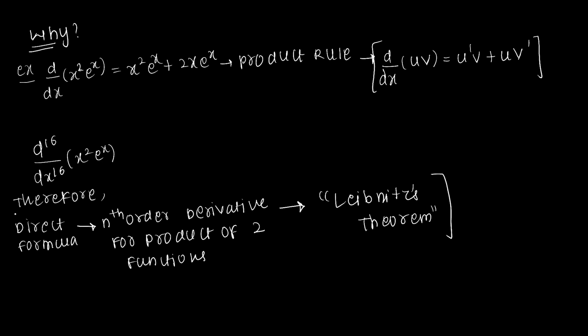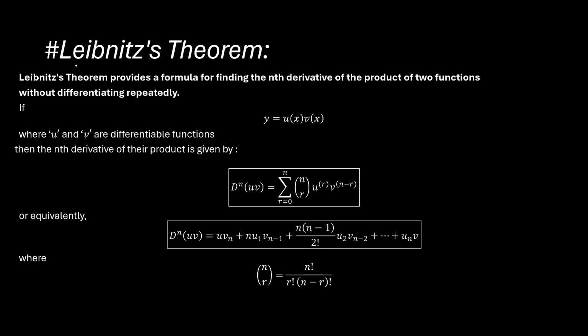So this is the entire need for using Leibniz theorem, and therefore we cannot use product rule or successive differentiation for questions like this. So this was all about why Leibniz theorem. Now let's talk about what is Leibniz theorem. Leibniz theorem provides a formula for finding the nth derivative of the product of two functions.